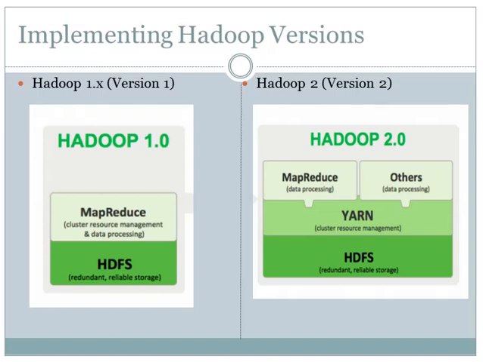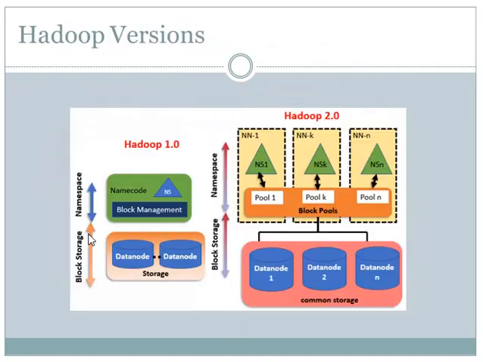The next component is the Hadoop Distributed File System, commonly known as HDFS, which plays the role of a distributed storage system that is designed to cater to large data with a block size of 64 megabytes for supporting the architecture. It is further divided into two components.